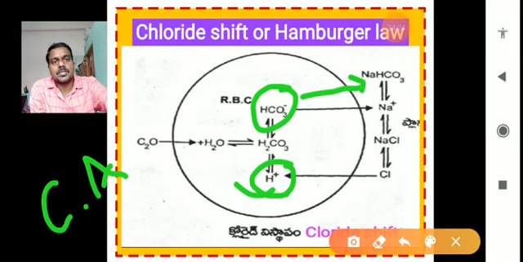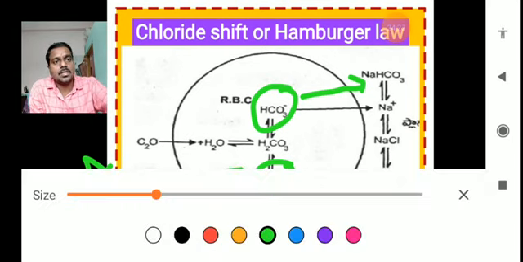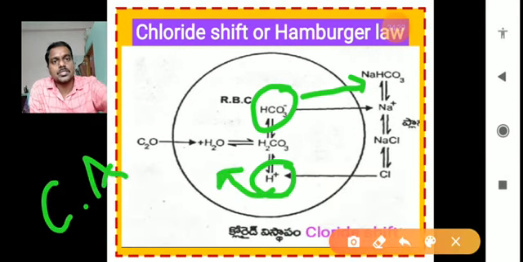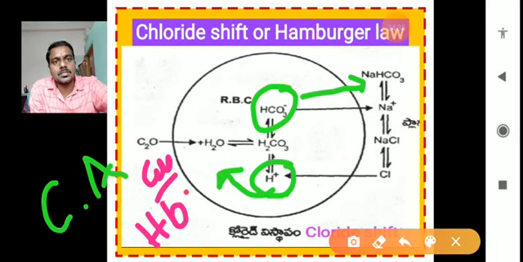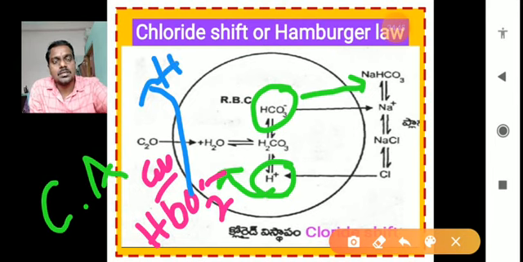These H plus ions affect the hemoglobin structure. At the cell level, the hemoglobin contains oxygen, that is HbO2. The H plus ions affect the hemoglobin, and it releases Hb plus oxygen.